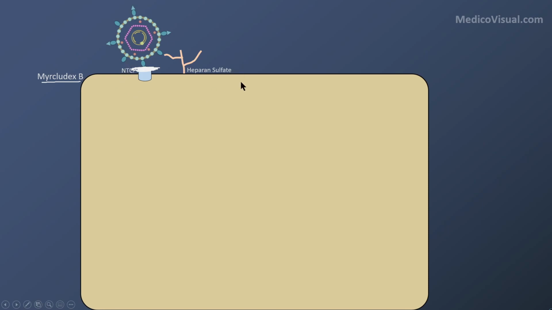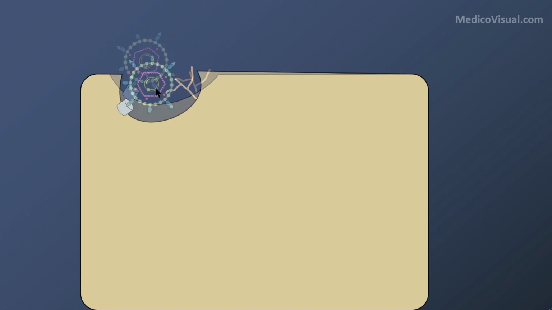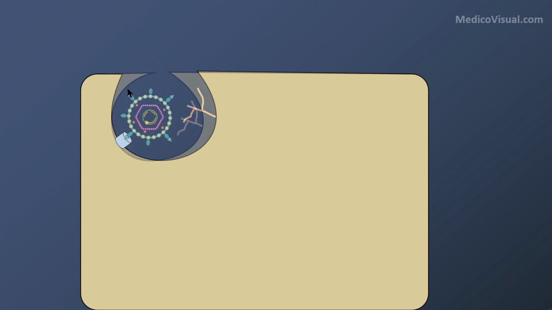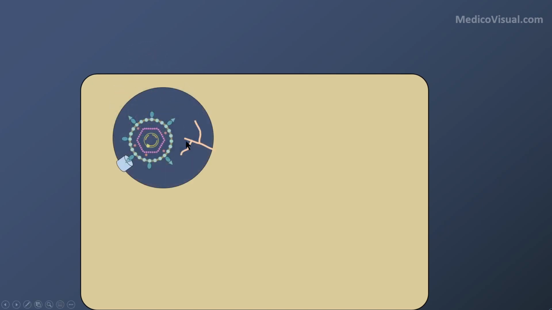It pinches this part of membrane with which this virus is attached, right? And in this way, this virus comes inside the cell. This process is called endocytosis, and this endocytotic vesicle is now formed, right?